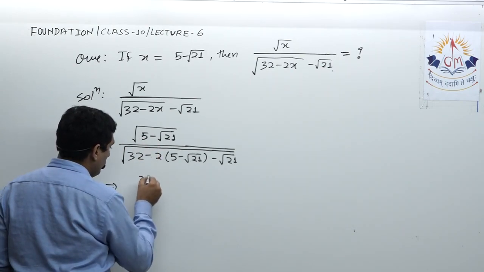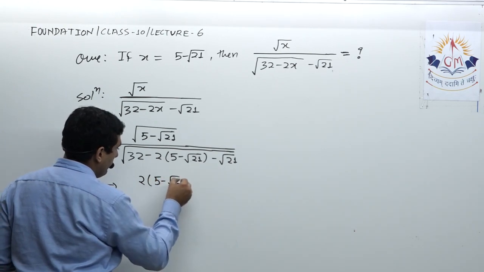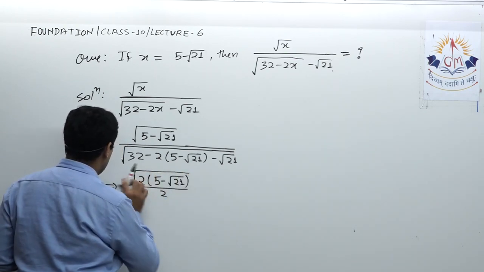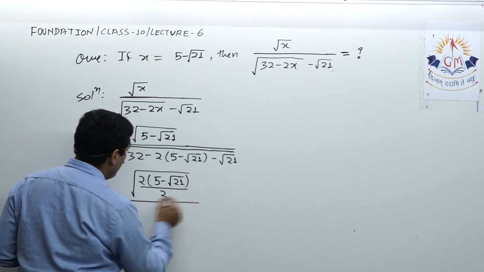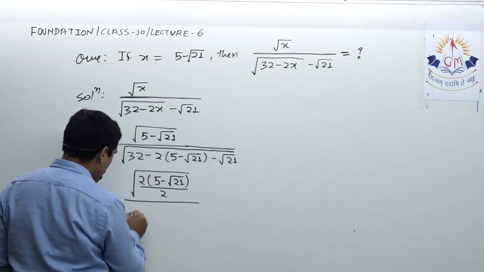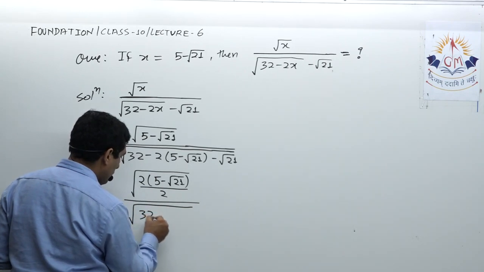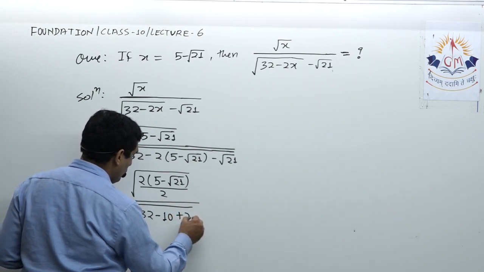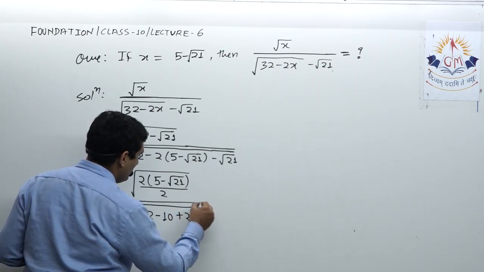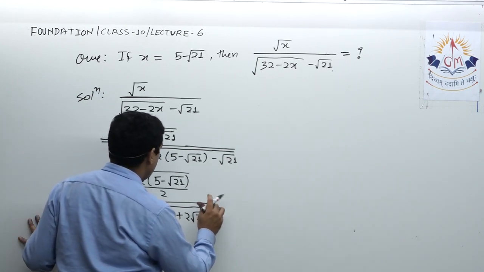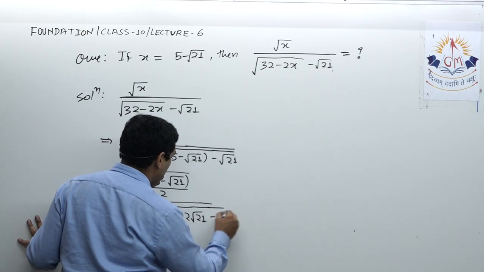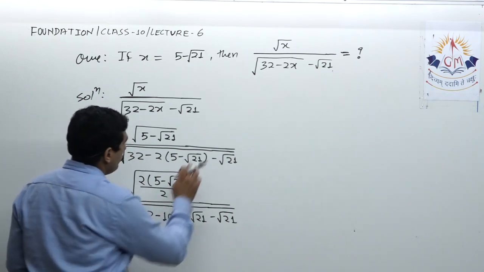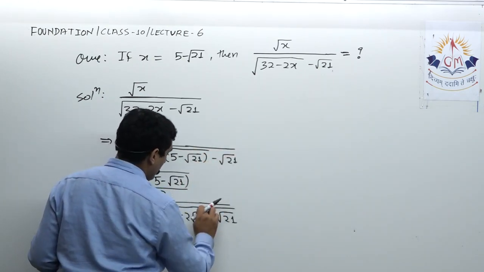Here I will write 2 into 5 minus root 21, divided by 2, its square root, whole divided by the square root of 32 minus 2 into 5, that is 10, plus 2 root 21, minus root 21. Okay, this root 21 is not inside the square root sign.